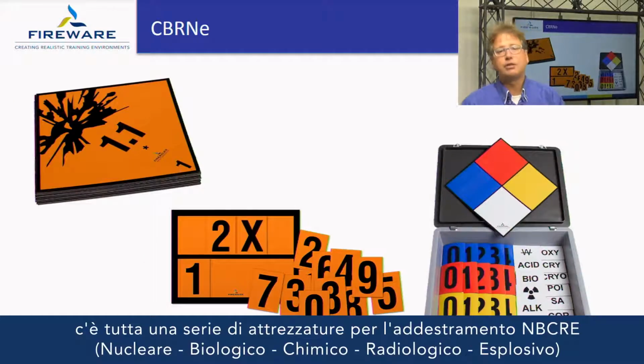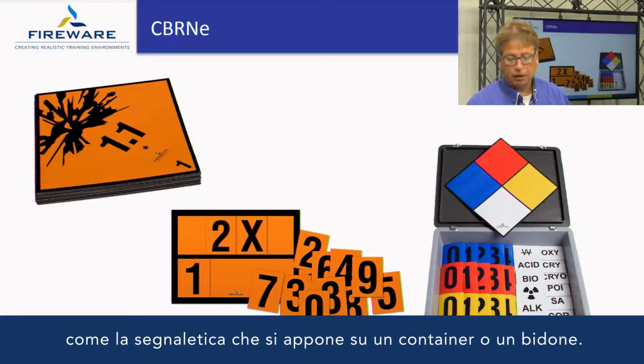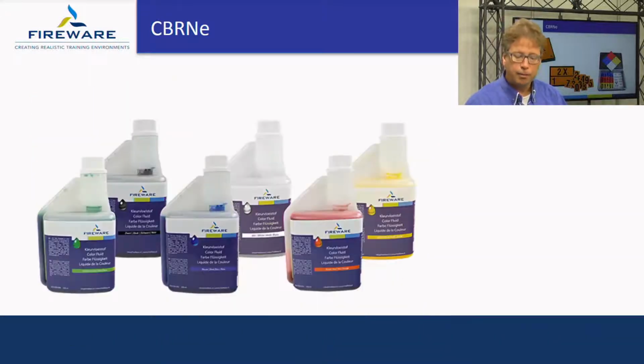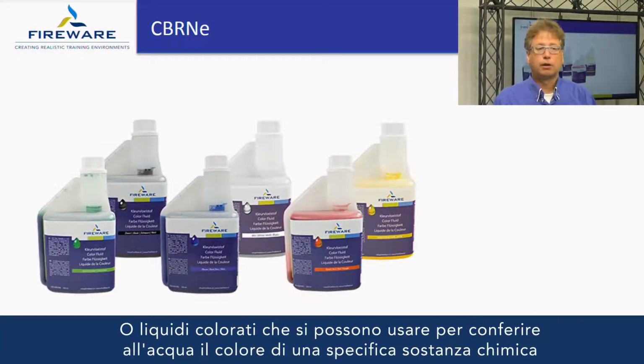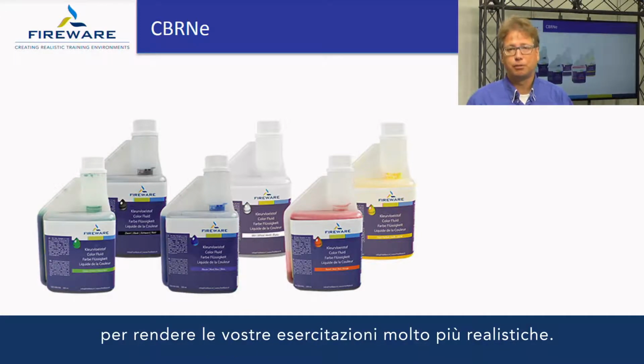There is a whole range of CBRE training equipment, like the signals that you can put on a container or a drum, or color liquids that you can use to give water the color of a specific chemical to make your drills much more realistic.